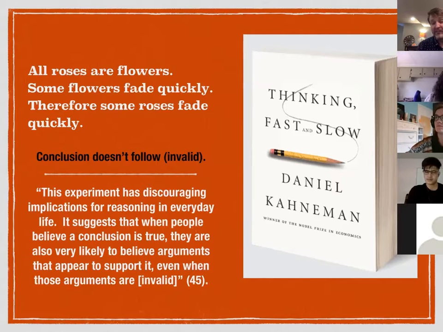So in this case, we're falling victim to something called the my side bias, or the confirmation bias is another name for this. In other words, we already believe this thing, maybe, that some roses fade quickly. So because we believe that, maybe we're more likely to accept this argument. And that's a result of these shallow processing mechanisms that are designed to be quick and to get things right most of the time, even if they're not absolutely accurate.